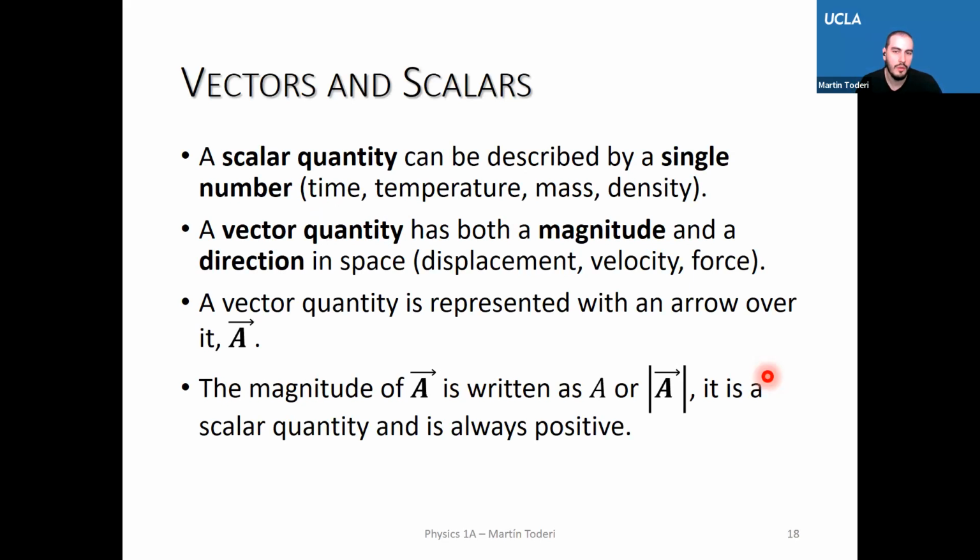A scalar quantity can be described by a single number. So time, temperature, mass, density, for example. Those things have no direction, no orientation in space. Time is just seconds, temperature, kelvins, Celsius, mass, kilograms, right? And a vector quantity has both magnitude and direction in space. For example, displacement, velocity, force. Everything that is basically pointing somewhere in space.